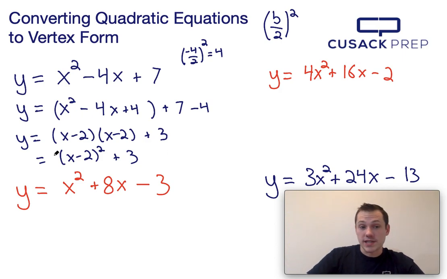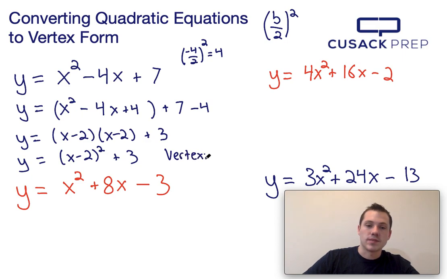And this is vertex form. As part of being vertex form, the vertex is the point (2, 3). It's always the opposite sign of whatever's with the x. In this case, x minus 2, the opposite of minus 2 is positive 2. And then it's the same sign for whatever's on the outside. So here the vertex would be the point (2, 3).